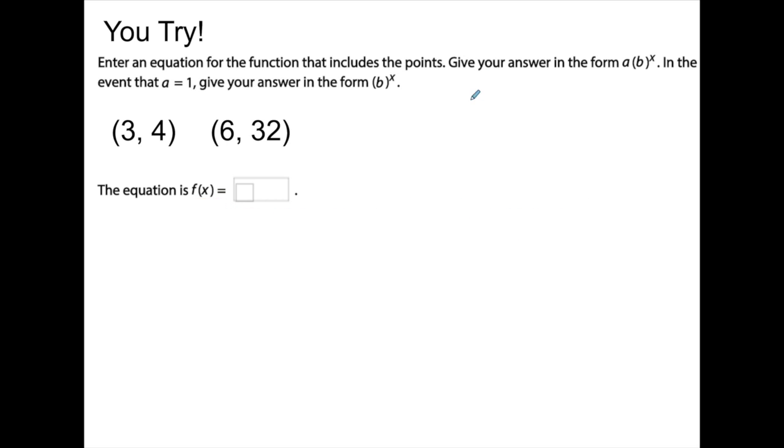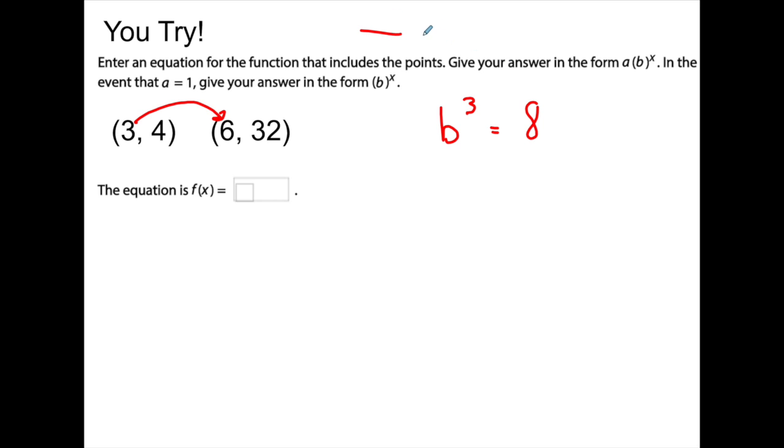All right, so here I'm going up by 3 terms, 4, 5, 6. So we associate that with b to the third, jumping by 3. And then what do you multiply by 4 to get 32? You multiply by 8.